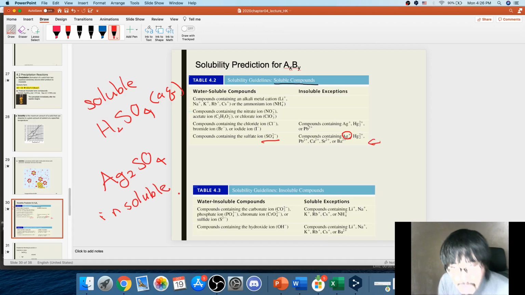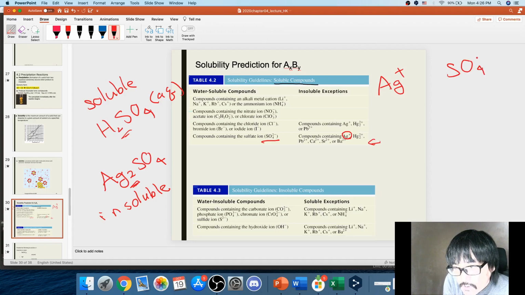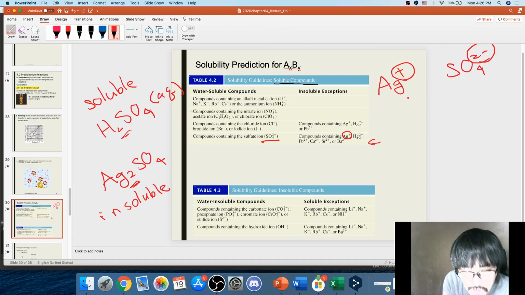Now, you may be wondering why I have this Ag2 here, or the H2. The Ag is singly charged, Ag plus, and SO4 is 2 minus. Look at the charges here: you need 2 plus to cancel out this 2 minus.